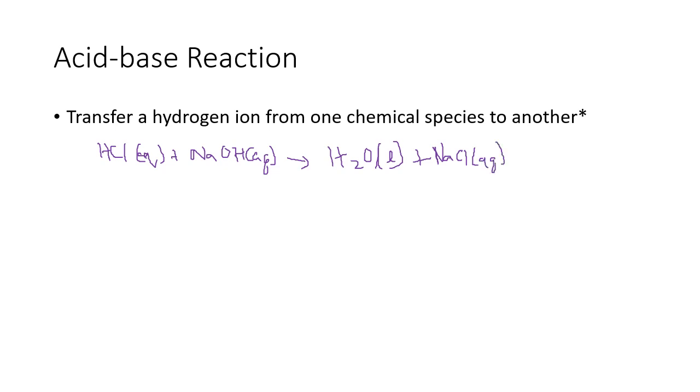Now, when we write the ionic equation, we're going to fully split up, fully dissociate our ions. So we have an H plus and a Cl minus. Okay, and then we have an Na plus and an OH minus.